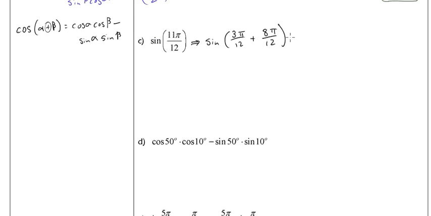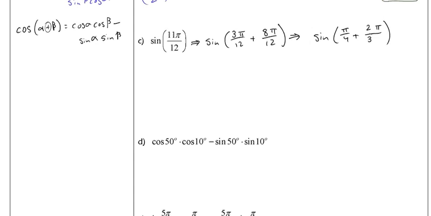To write it out more explicitly, that's the sine of pi over 4 plus 2 pi over 3.